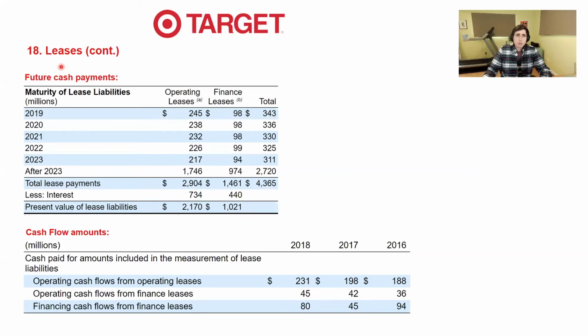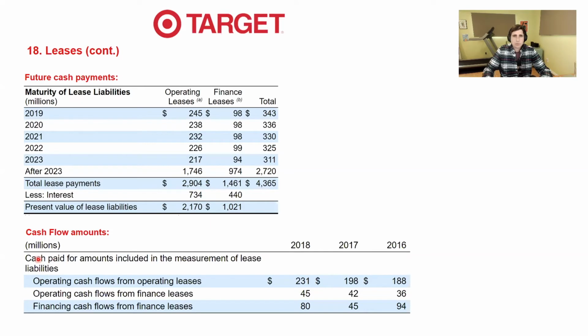Okay, so this table just shows you the, they call it maturity of lease liabilities. What that means is when are we going to have to make payments on these leases? So these are the future payments that the company is obligated to make because they have signed the leases that they have. Now, I'm going to spend a little bit of time on this last part here, cash flow amounts.